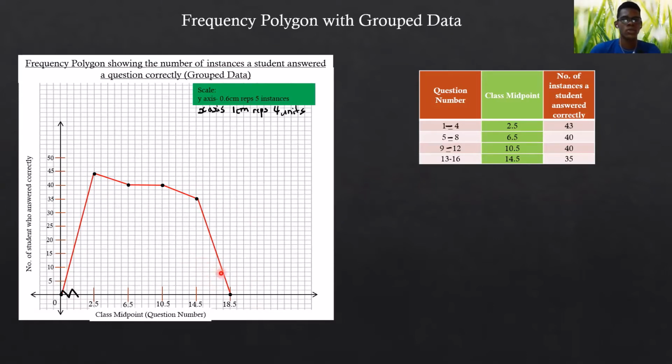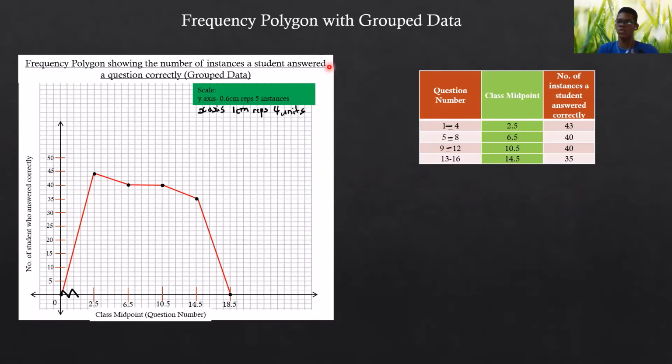Now, one thing you need to know about the frequency polygon, like I said, it's usually used for group data, and your histogram is usually also used for group data. So something you might often see is a superimposed graph with your histogram and your frequency polygon.